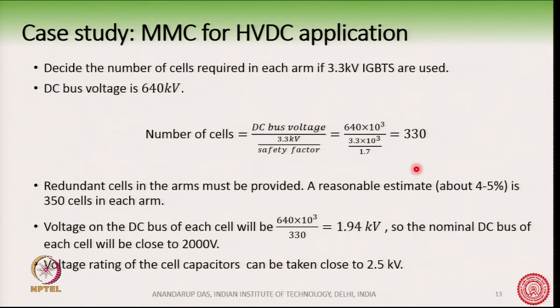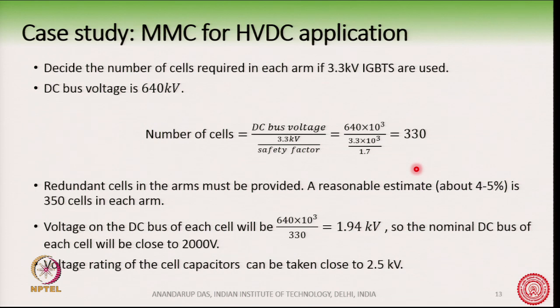Now, redundant cells must be provided in the arms. A reasonable estimate can be something like 4 to 5%. So, we can choose about 350 cells in each arm of the MMC. This can be a starting point in our design.